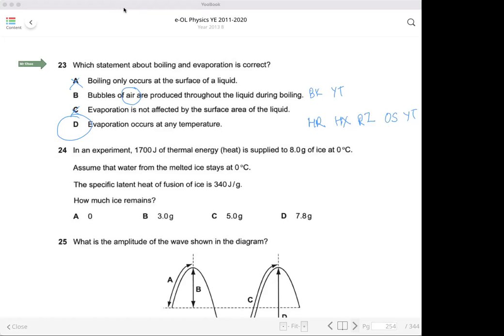Bei Kwan, well done. Ryan, well done. So for this question, the answer is B. All of you got it correct. If you need me to explain, let me know. If not, just go on to question number 25.